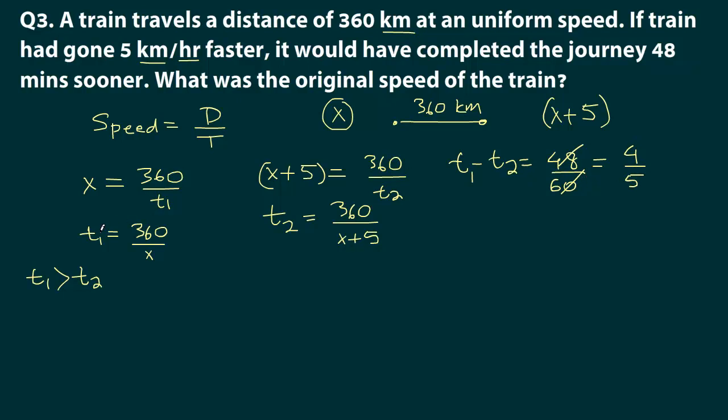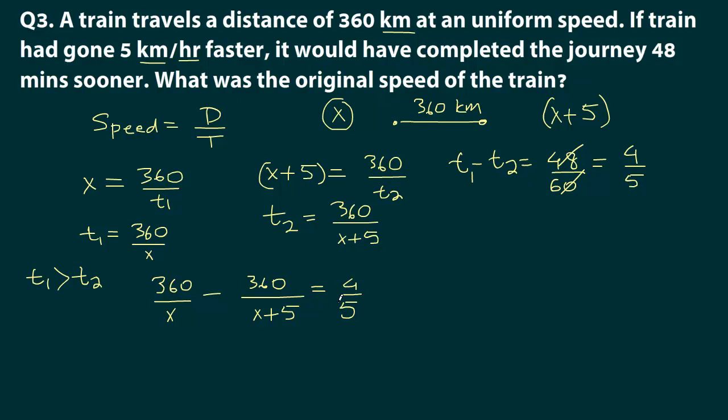So we know T1, we know T2, and we have a relationship between T1 and T2. Let's put all of this together. What we'll get is 360 by x minus 360 by x plus 5, and this is equal to 4 by 5. Essentially, this is what our entire question boils down to.